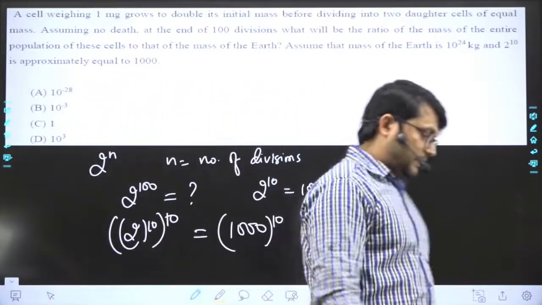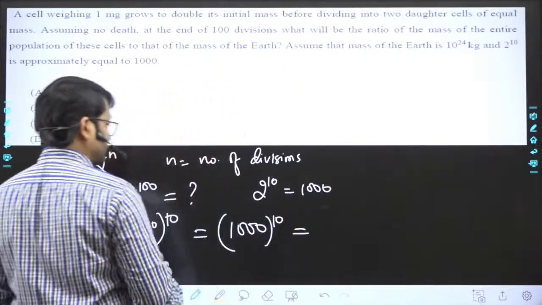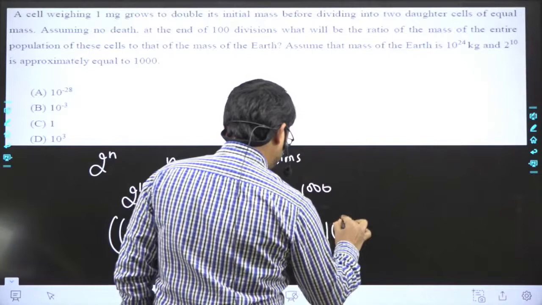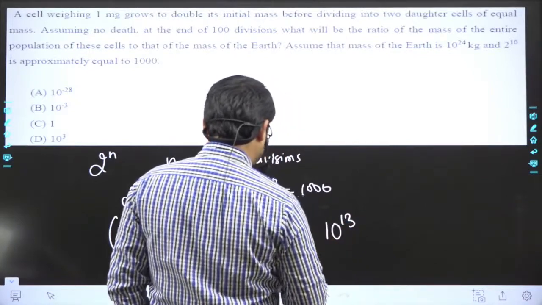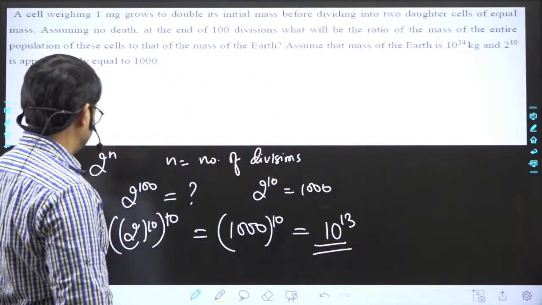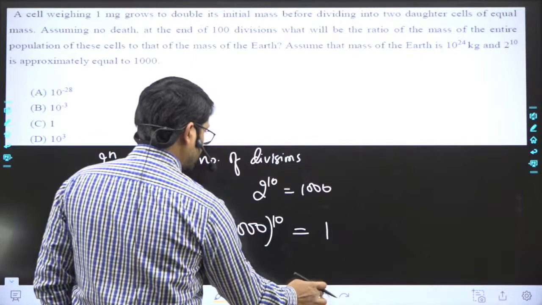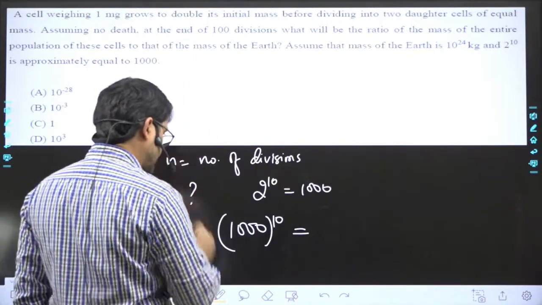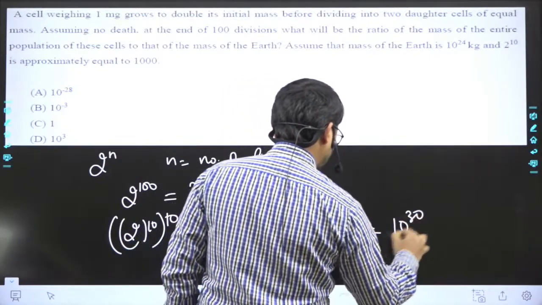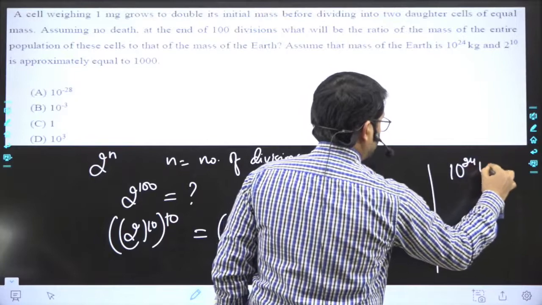Now you can take the ratios as well. The correct option should be, have a look, so this will be 10 to power 30, correct? What is given to us? 10 to power 24 kg.